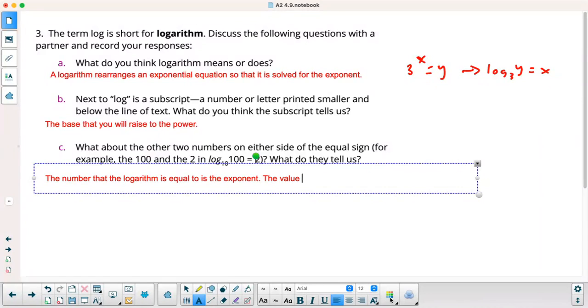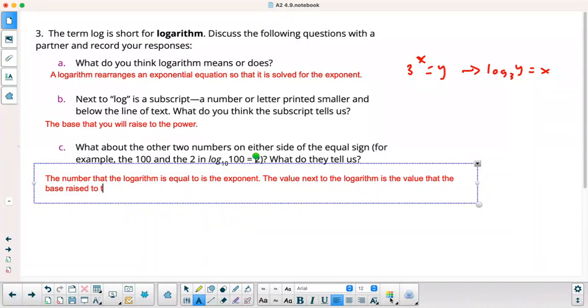The value next to the logarithm is the value that the base raised to the power is equal to. Okay.